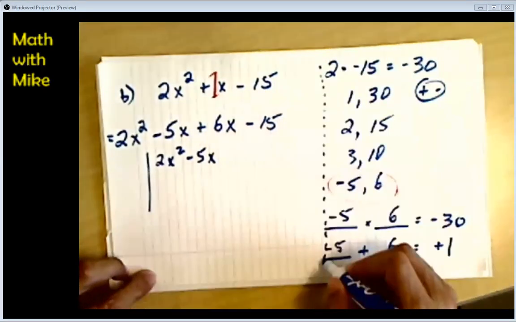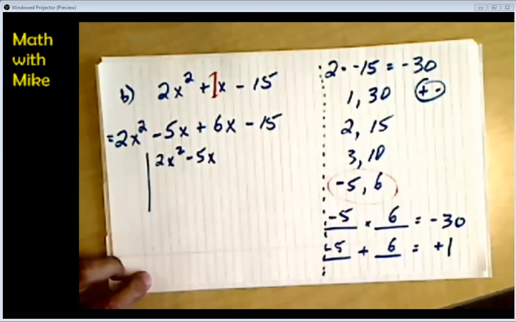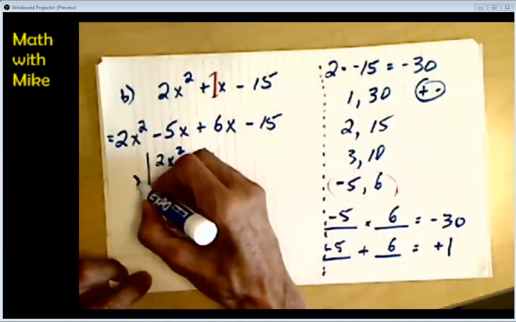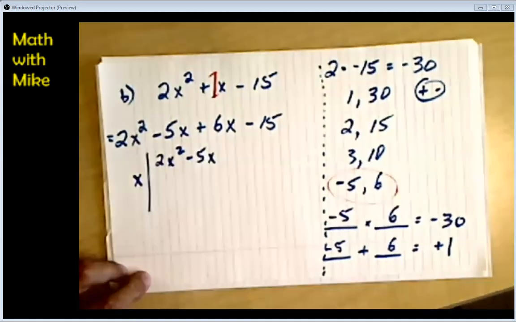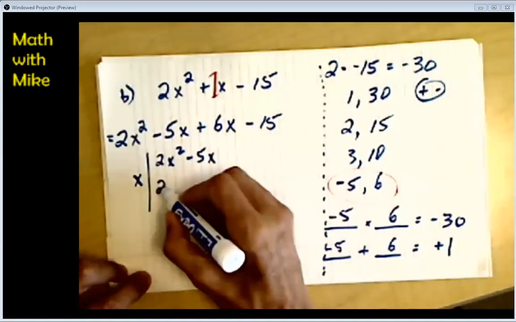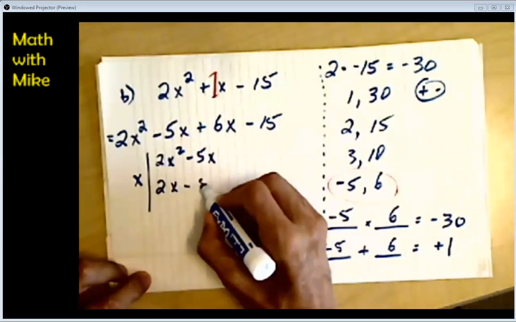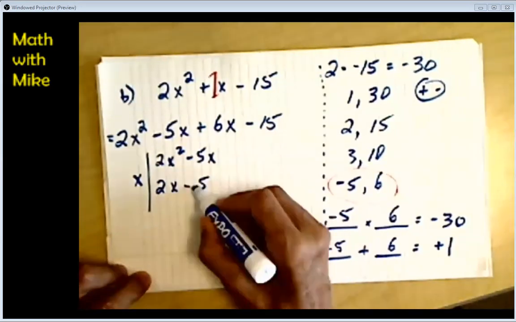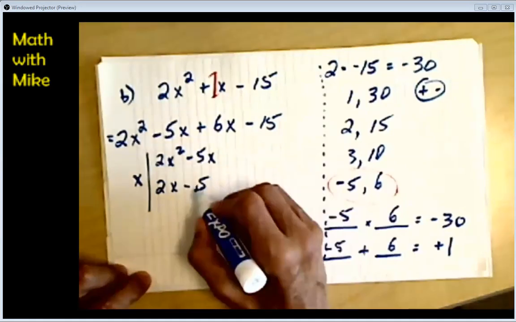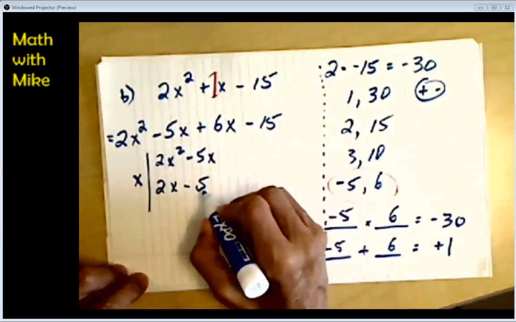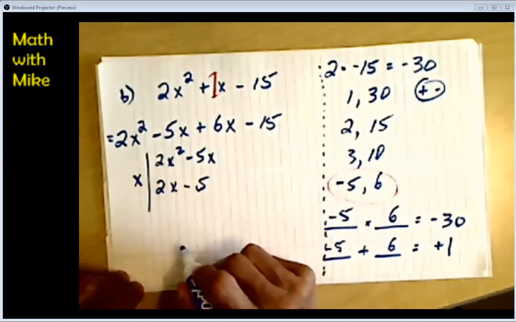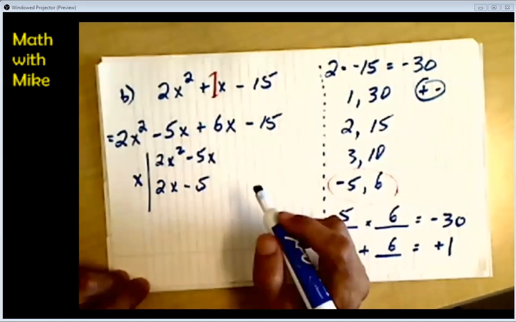Any numbers? No. Letters? Yep. There's an x in both. Nice. So it gives 2x and minus 5. When you divide, to get this result, divide. Okay. Those are the first two terms.